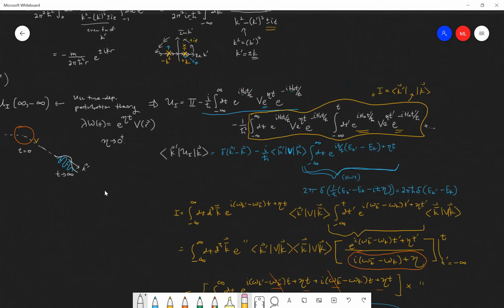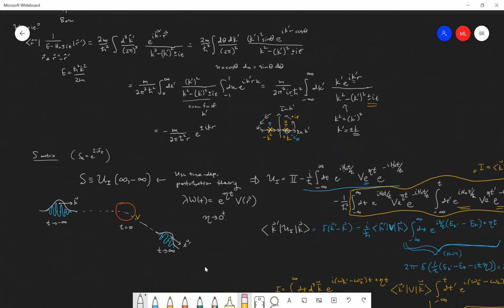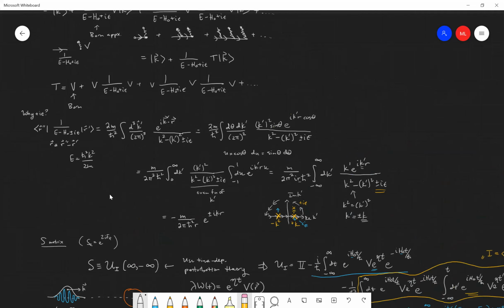If we go back somewhere, I promised the T matrix would show up again. You see the first term is V. So if we sandwich this T matrix between K prime and K, we'll get just the matrix element of V first. The second order term would be a product of two matrix elements of V with a propagator inside.